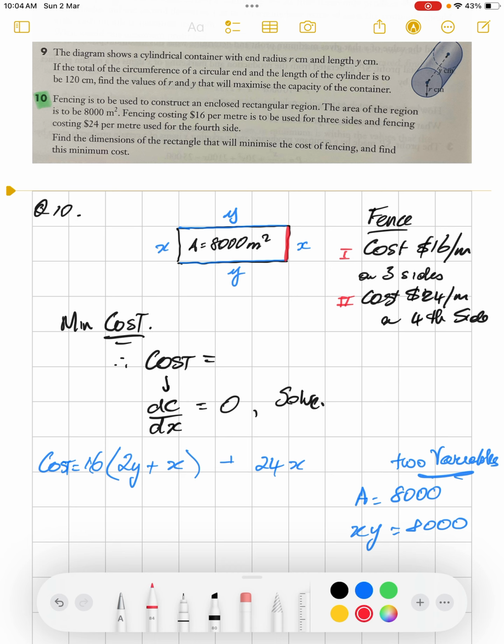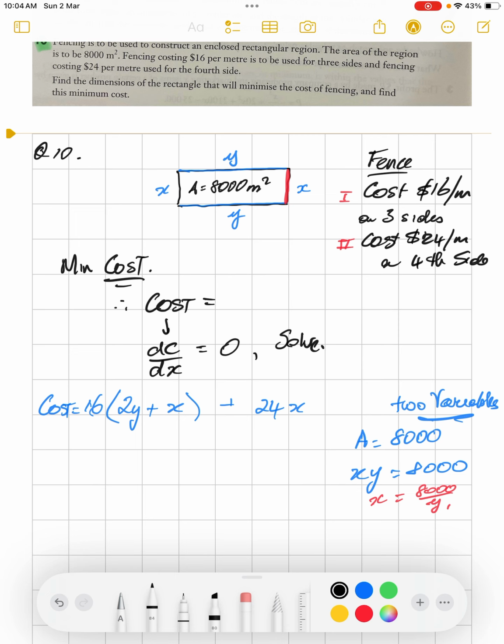So the cost is 16 times 2 times y plus x, plus $24 for each of those x, and $16 for the sum of those three.